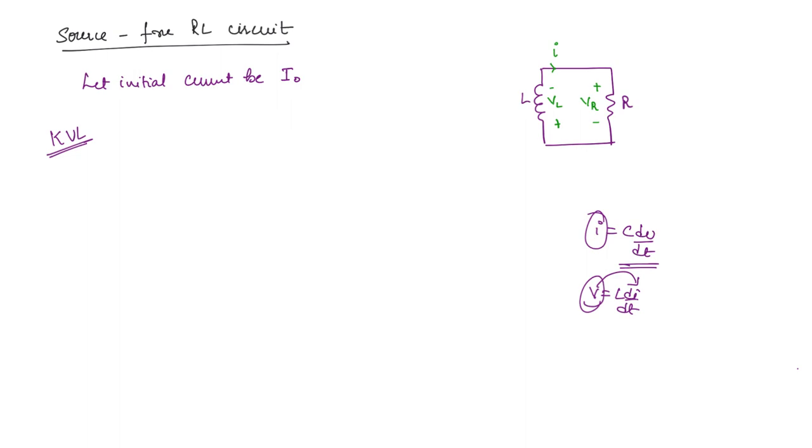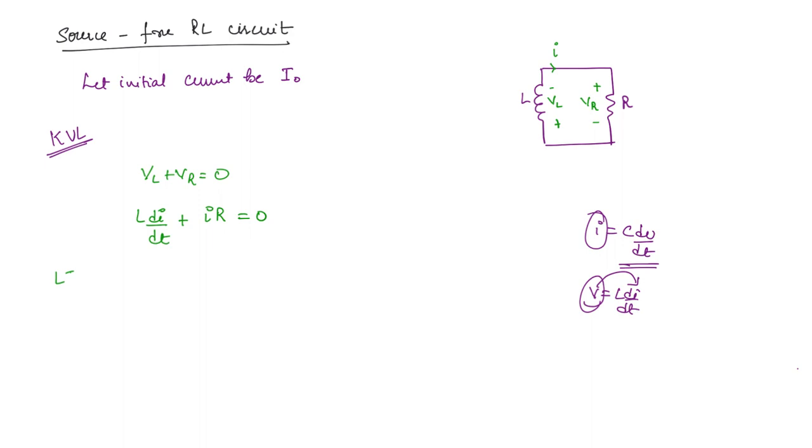So if you apply KVL here, what will be the KVL? VL plus VR is equal to 0. If you take in the clockwise sense, here first positive is being encountered, here also first positive is being encountered. So both of them will be positive. Now VL is L di by dt and VR is I into R. So we got in terms of the current.